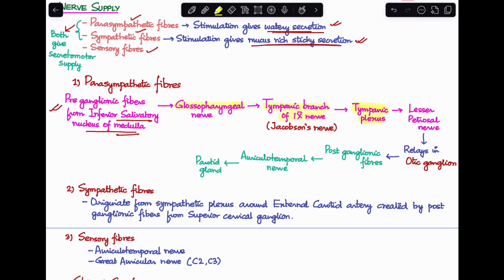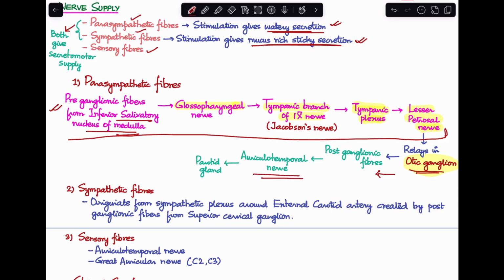From the tympanic plexus, it passes on to the lesser petrosal nerve. Now, this goes and relays in the otic ganglion. So, this is our ganglion here. This whole pathway is the preganglionic fibers. After relaying at the otic ganglion, the postganglionic fibers pass through the auriculotemporal nerve and then ultimately supply the parotid gland. So this is our pathway for parasympathetic secretomotor supply.